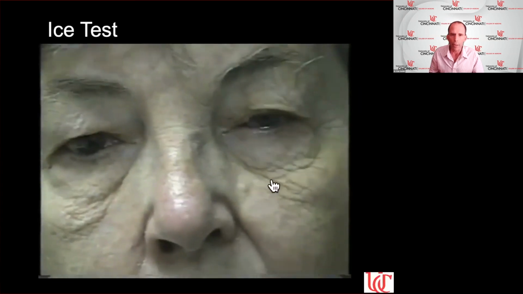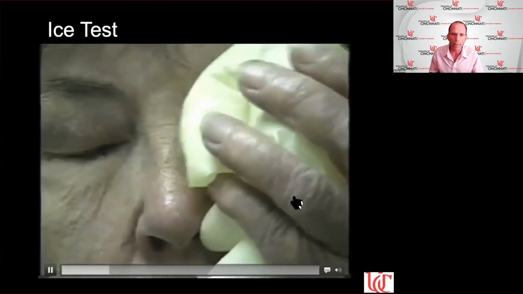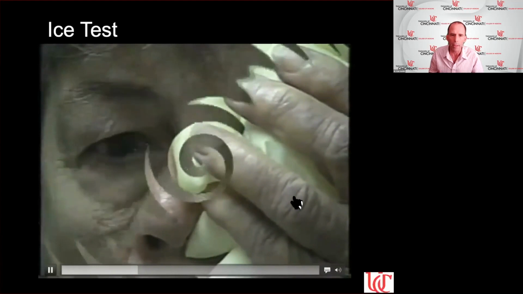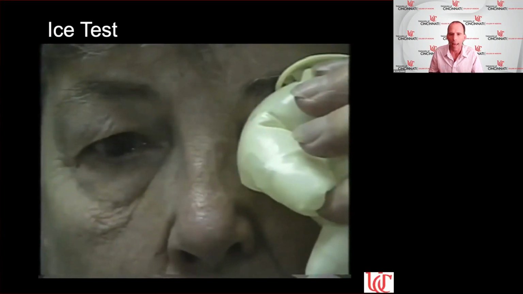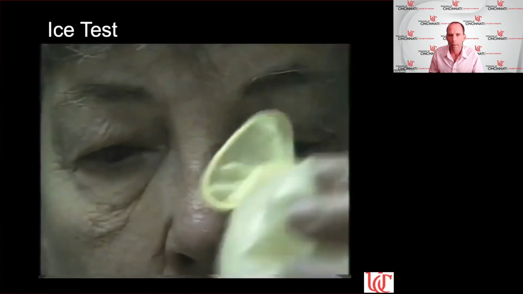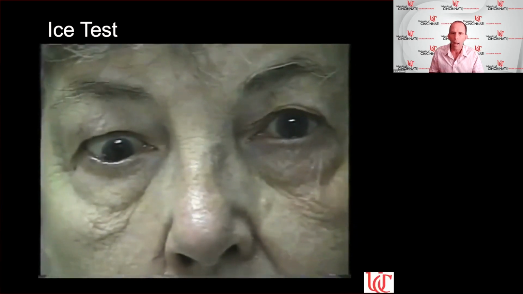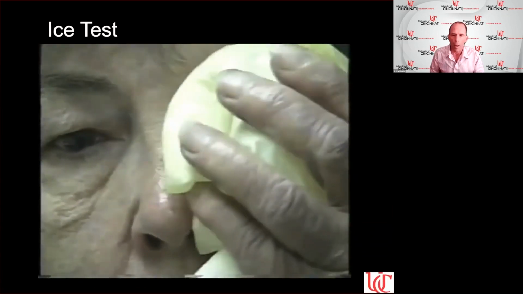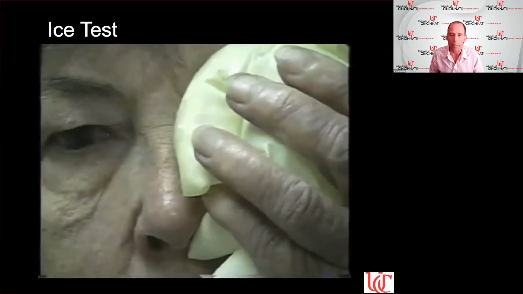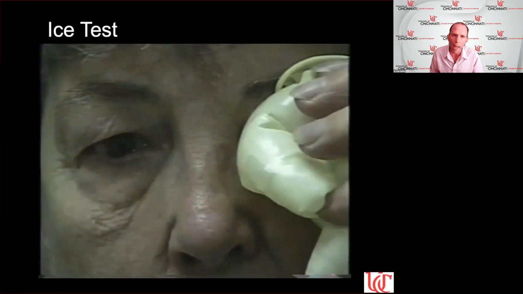Here's an example. Look at the left upper eyelid. Here's our fancy ice pack, a rubber glove with ice. 2 minutes go by. You ask the patient to blink once and look straight ahead. And you see a very positive ice test. Now, this has to be judged, and we'll show it again, in the matter of seconds, 15 or 20 seconds at most, because that lid will heat up very quickly once you're done with the ice test.